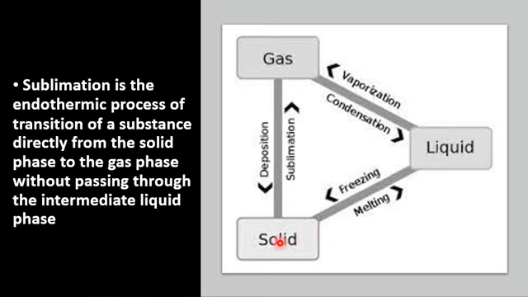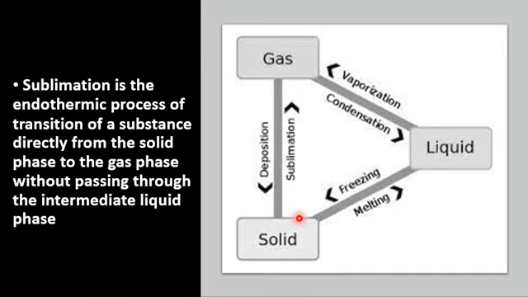Okay, now if a solid material is converted into a liquid phase, this is known as melting. However, if a liquid material is converted into a solid phase, this is known as freezing.